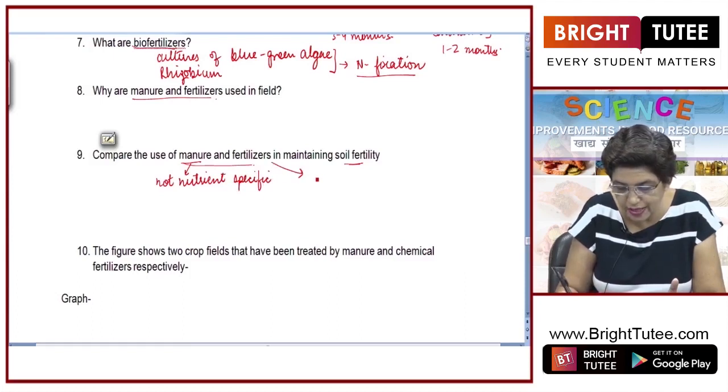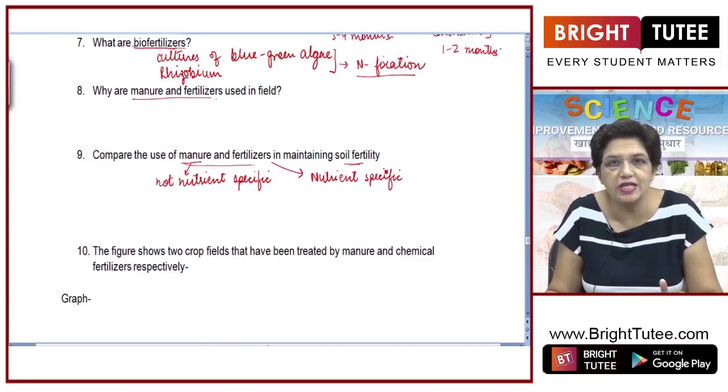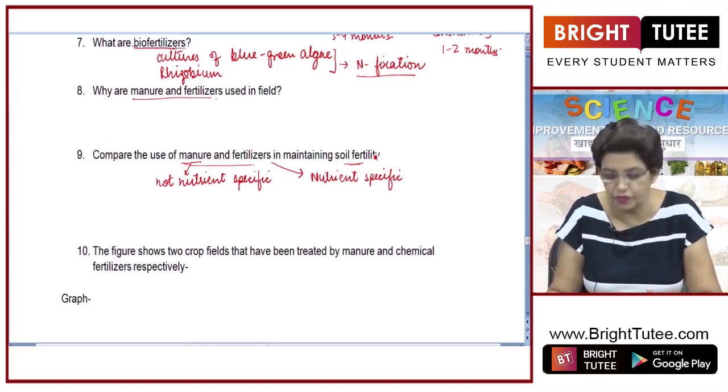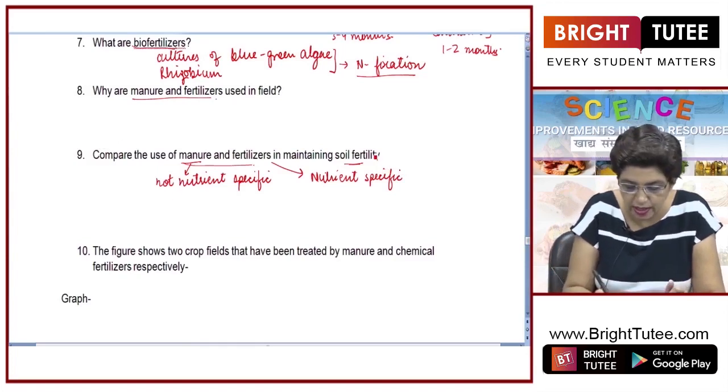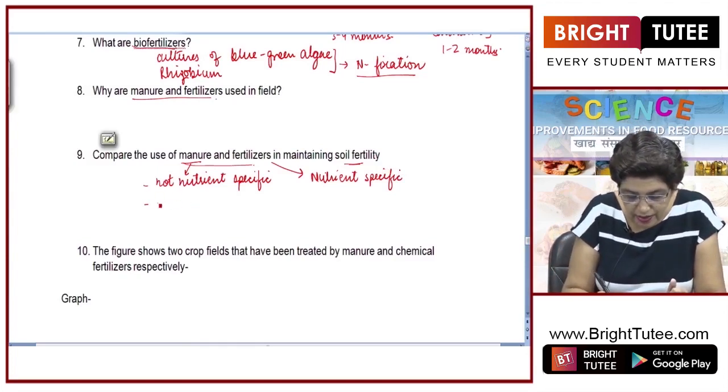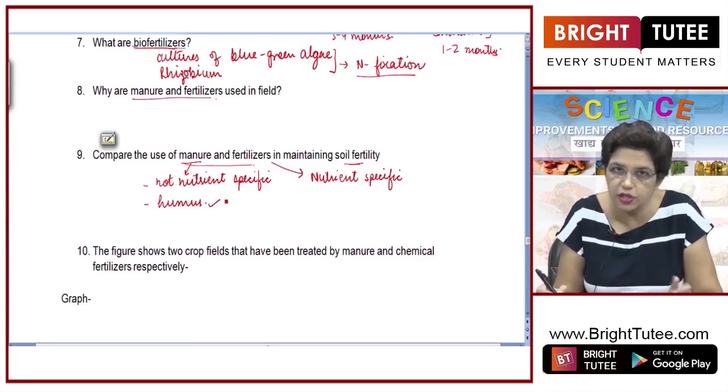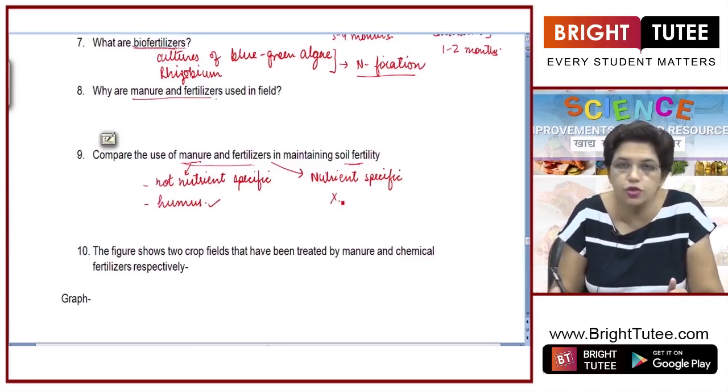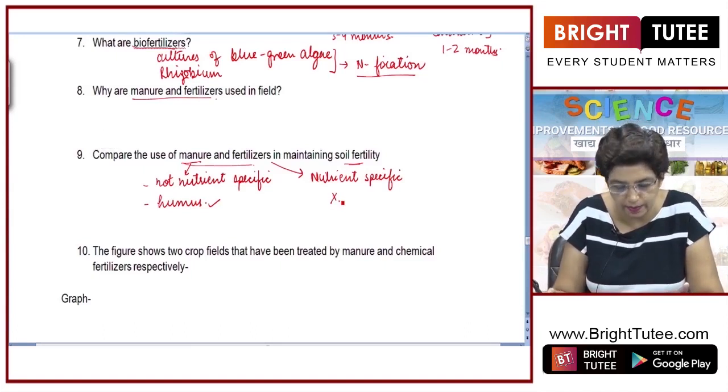On the other hand, fertilizers are nutrient specific, because on the packing of the fertilizers it will be mentioned what nutrients are present and in what quantity. Secondly, manure adds humus, which is the organic matter, to the soil. Fertilizers do not provide this organic matter.